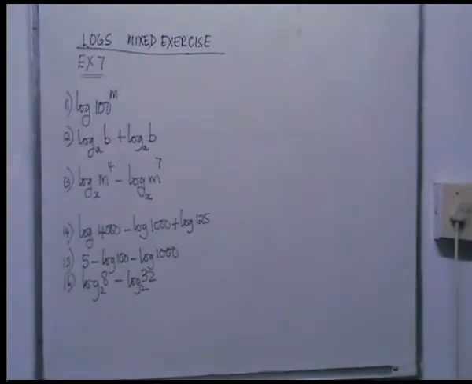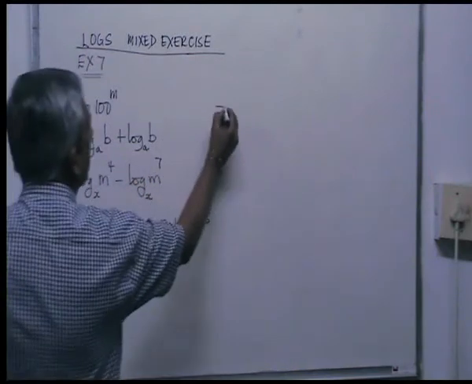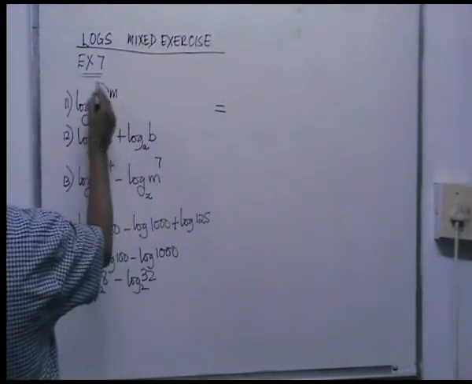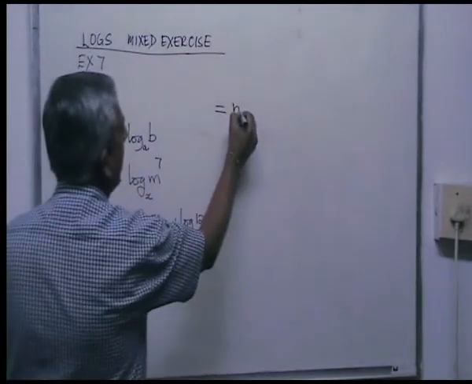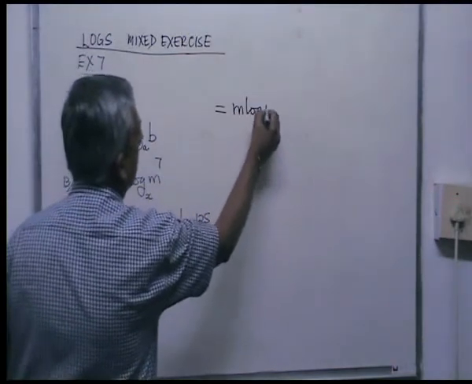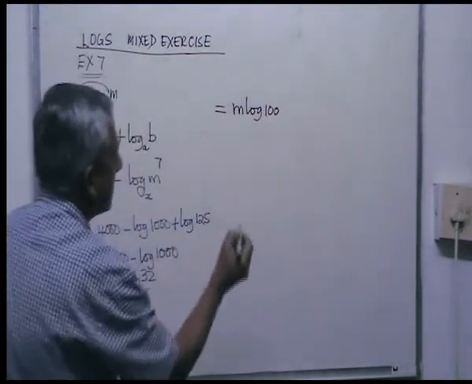Alright, welcome back. So we're marking number 11. In number 11, all we can do is just use the power law. According to the power law, m will come right to the front. So another way to rewrite that would be m log 100.